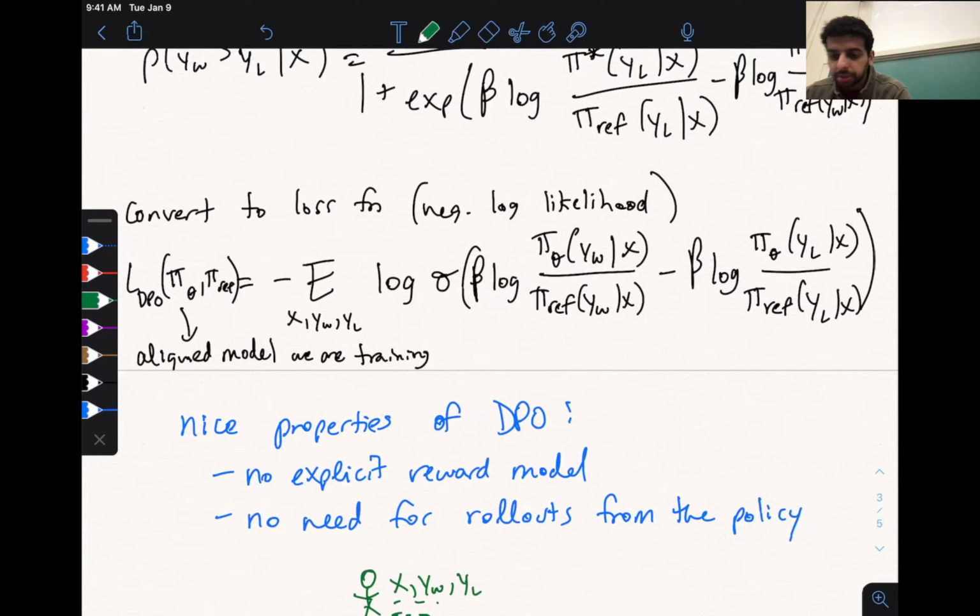The inventor of PPO, which is the algorithm used in the third step of RLHF, was an OpenAI employee, John Schulman, and that algorithm was developed not for language modeling alignment, but for things like, I think, Atari game control or other domains where it was proven to be pretty effective.